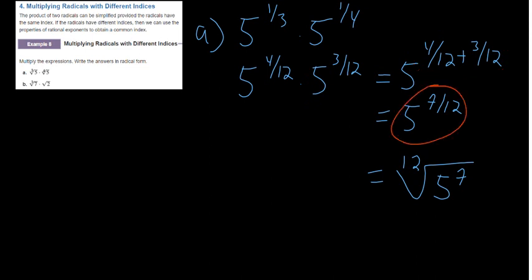And then I know I can rewrite that in radical form because the denominator becomes the root, and the numerator becomes what we multiply on the inside. I mean, we could have put the 7 on the outside. If you recall, they're the exact same, so it doesn't matter either way.